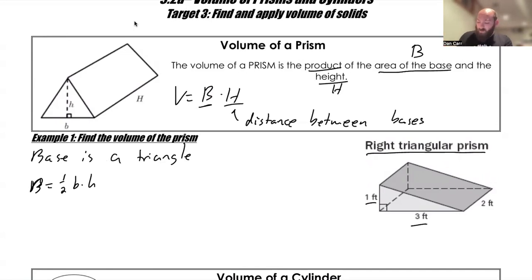Because it's a right triangle, this will be my lowercase b and this will be my h. Remember, this is base and height of the triangle, not of the entire solid. So we can do 1/2 of 3 times 1, and that comes out to 1.5. That's my area of the base.